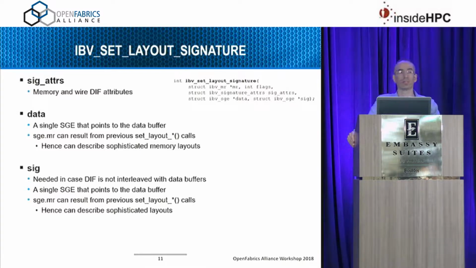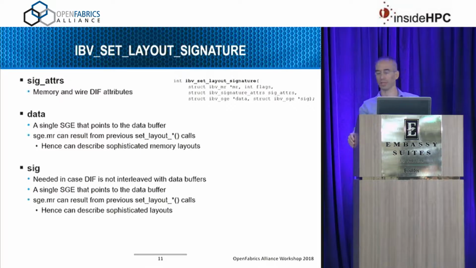And also, as Jason mentioned, we are now changing the approach to have a more tailor-made function per operation and not a single entry point with lots of switch cases to handle each scenario. So for signature, we've added set layout signature. The input parameter is the MR object, obviously, and then we follow it with the signature attributes.